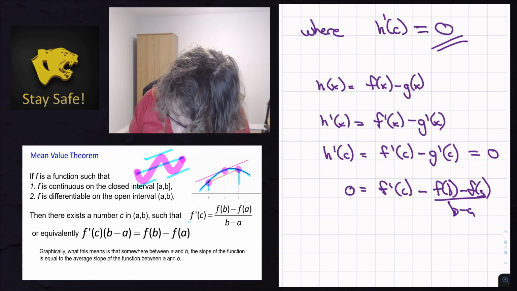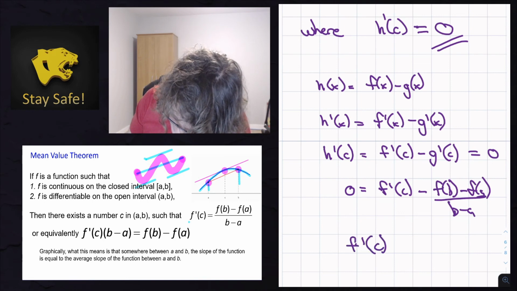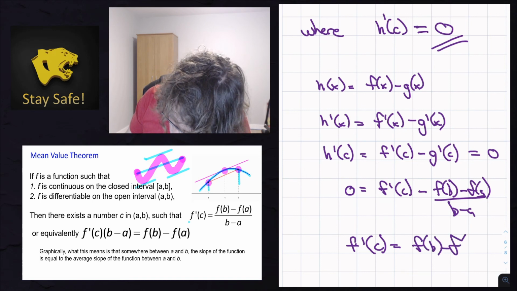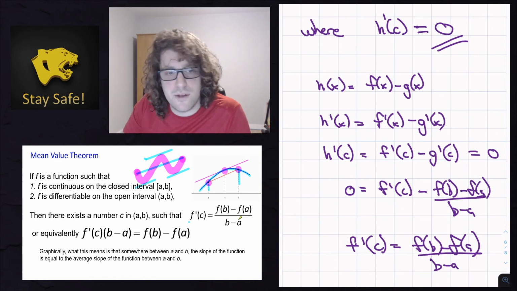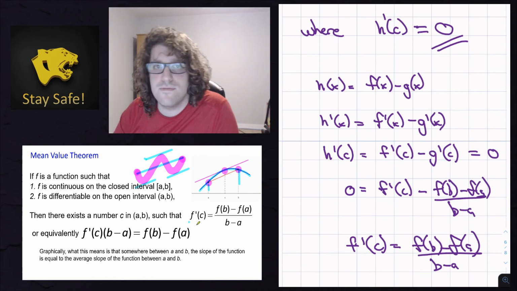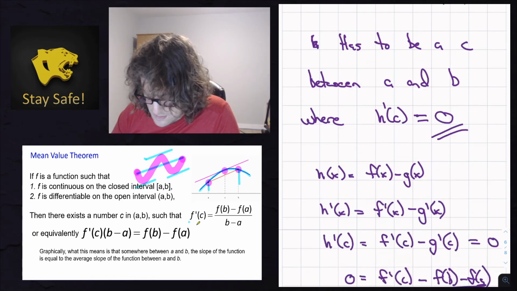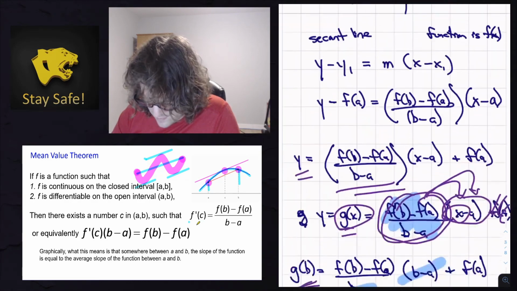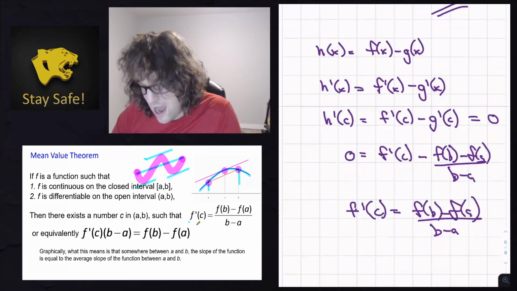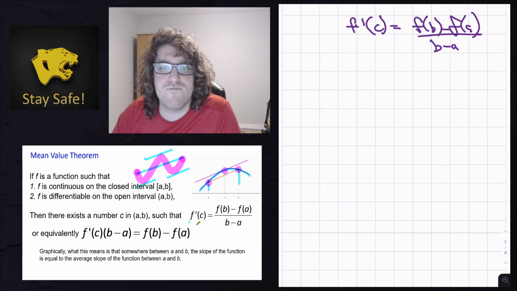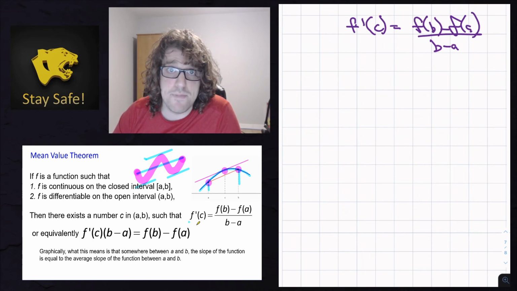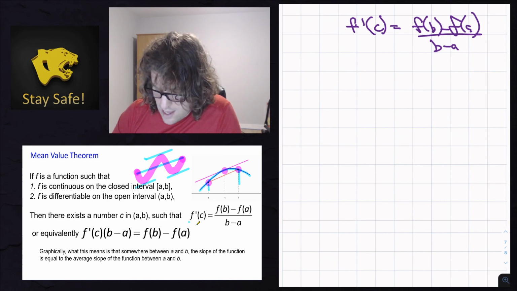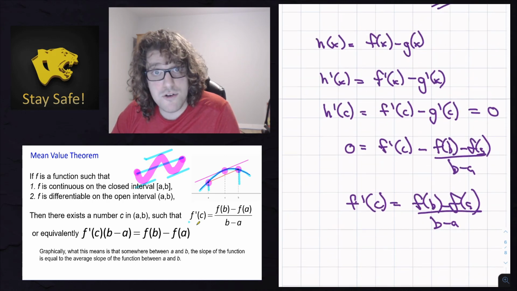We're going to take that, put it over the other side of the equation, and say that f prime of c is equal to f of b minus f of a over b minus a. And that's exactly what mean value theorem states. So all that hoopla is basically to show that you can use Rolle's theorem in order to show that mean value theorem actually is true.